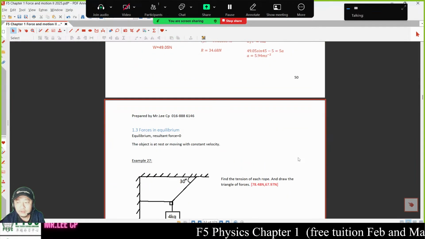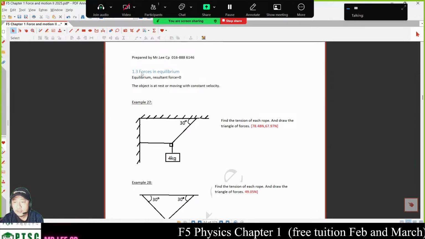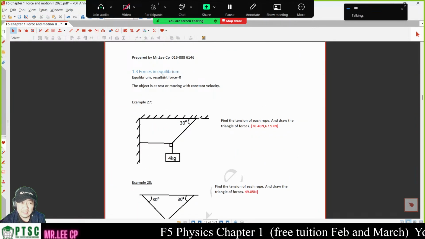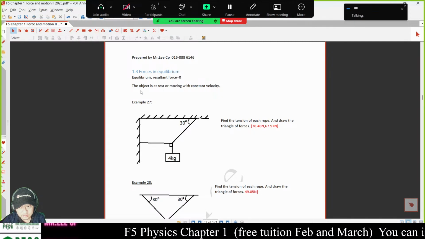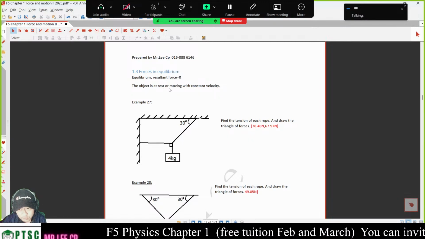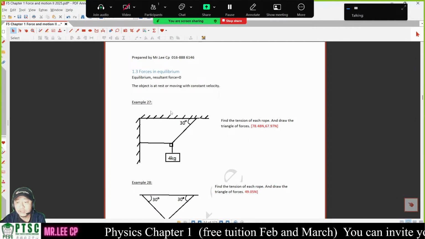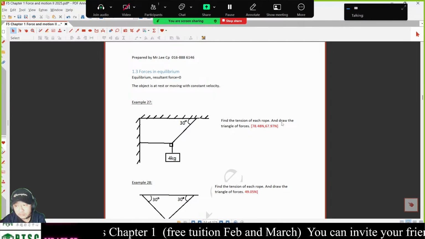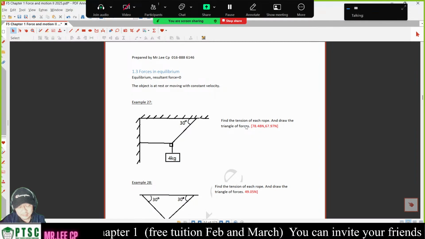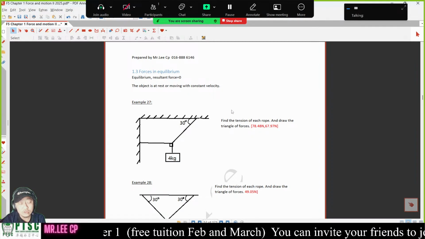Okay, we continue. This one is even more complicated. So in equilibrium the resultant force is equal to 0. The object is either at rest or moving with constant velocity. The question asks you to find the tension of each rope and draw the triangle of forces.